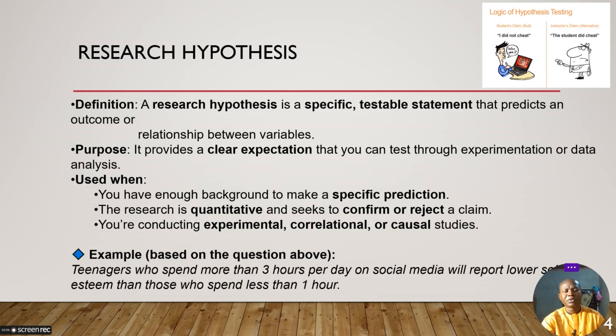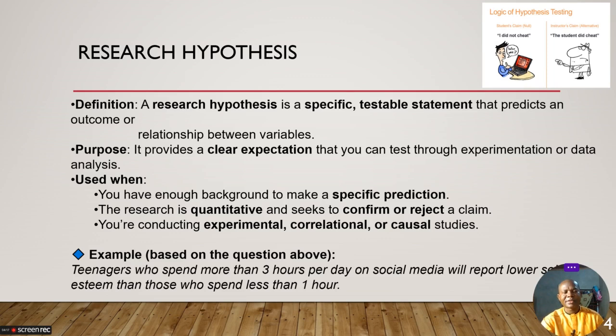Now, for example, we have the other research question we added under the research question. We can translate it into a research hypothesis when we make progress in the course of our study.